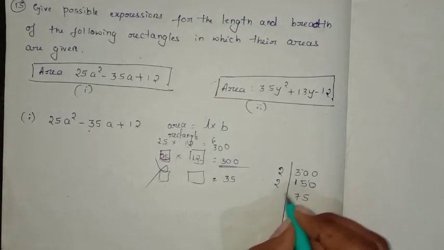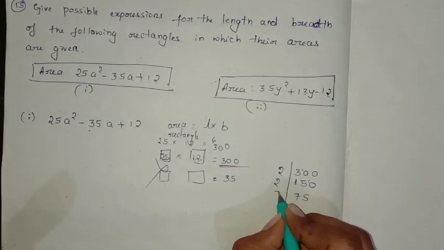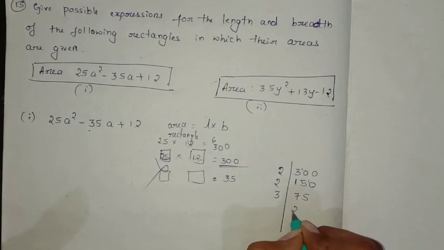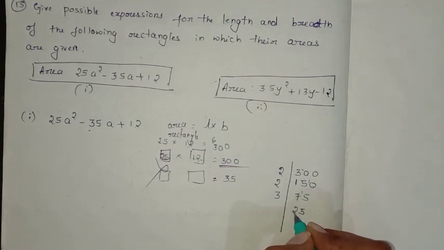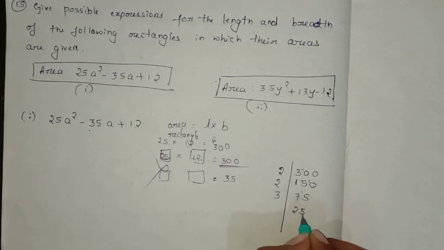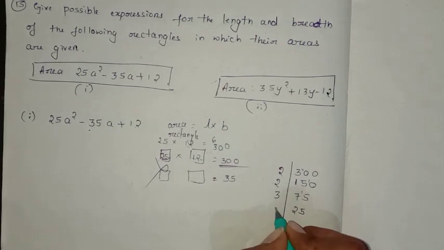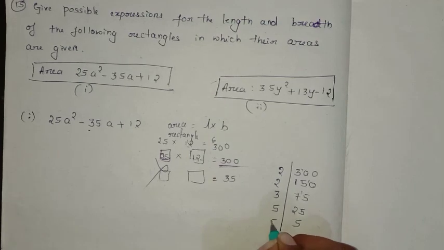No, it will not go. Then by 3: 75 divided by 3 is 25. Does it go by 3 again? No. Then 25 is 5 fives. So the factors are 2, 2, 3, 5, 5.